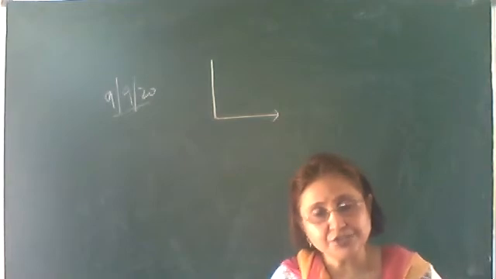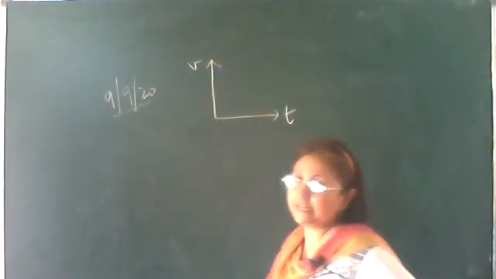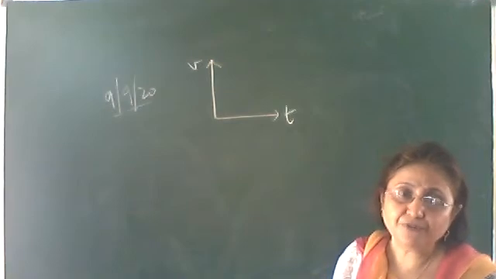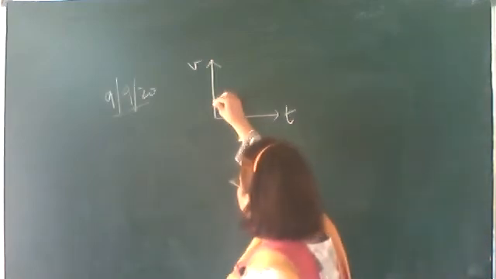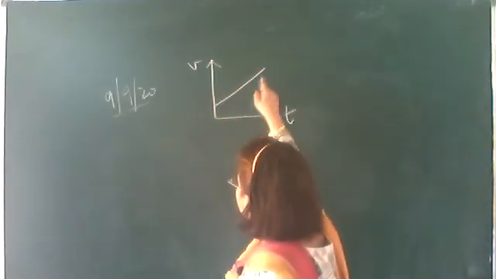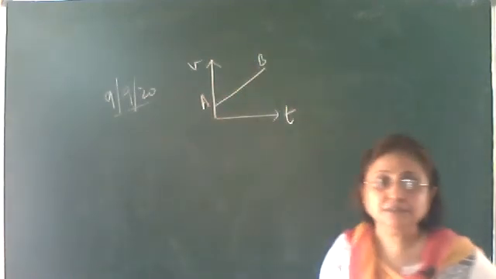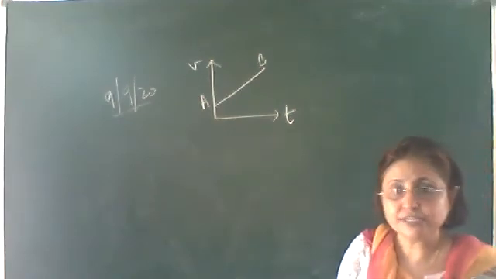Write down the velocity time graph. The velocity time graph for uniformly accelerated motion is shown by AB line having a constant slope.